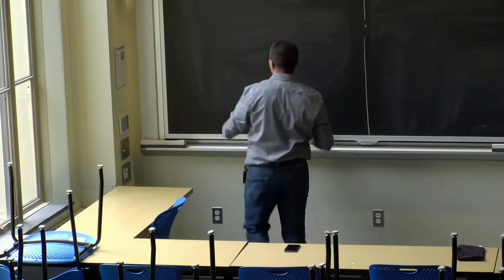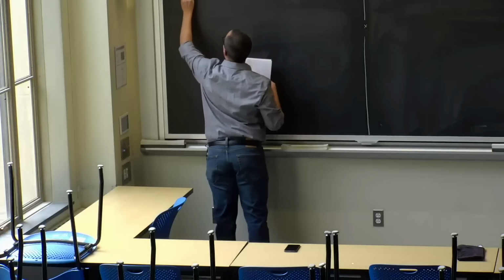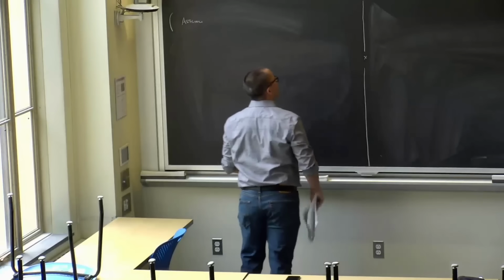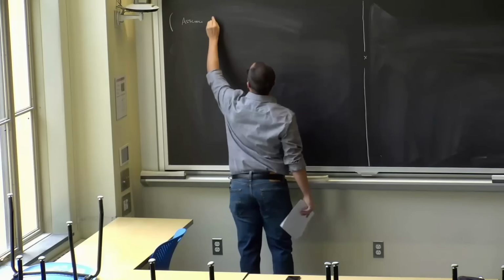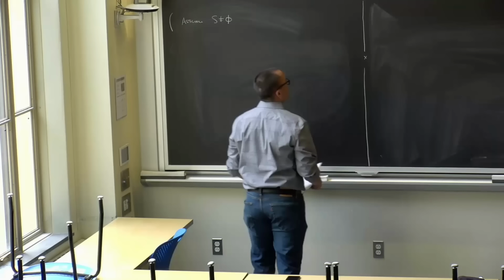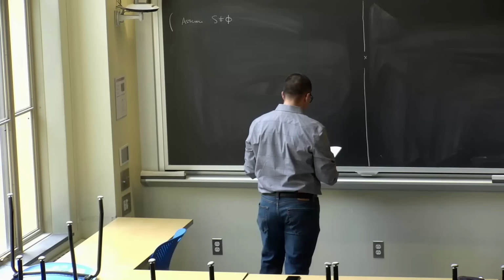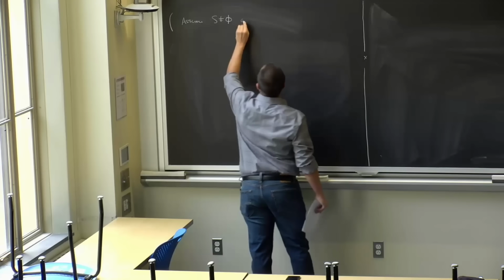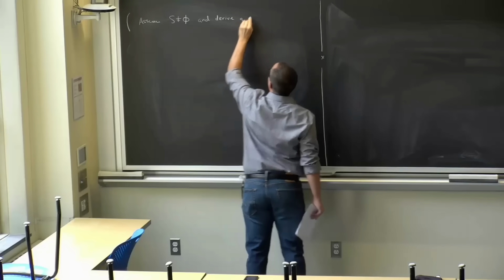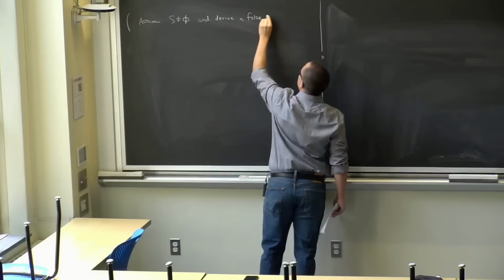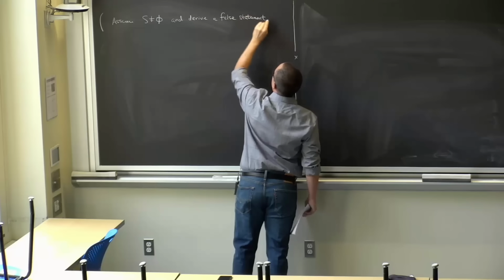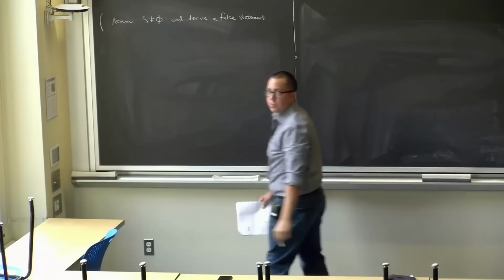So this is what we're going to do, we're going to assume the negation of the statement we want to prove, namely S is non-empty. Okay? And from this, we want to derive a false statement. Okay?